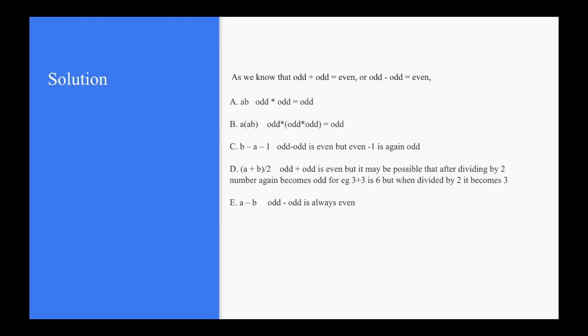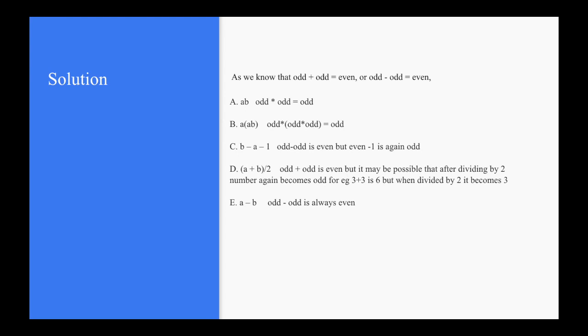Now, the fourth option says a plus b divided by 2. Now, a plus b would give me an even number, because odd plus odd, as we have discussed earlier, would give an even number. Now, this even number when divided by 2 may or may not give me an odd number or an even number.